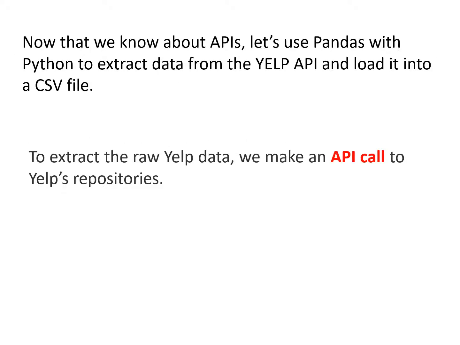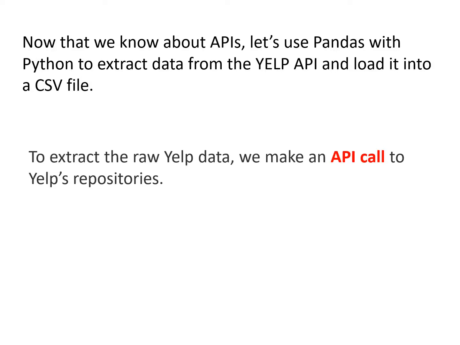Okay, so we're going to use Pandas with Python and extract some data in this new example from the Yelp API. I don't know if you've worked with Yelp before, but Yelp is a website that keeps track of businesses and ratings. People can rate businesses on Yelp, and there's lots of different information about businesses that you can find on the Yelp website.